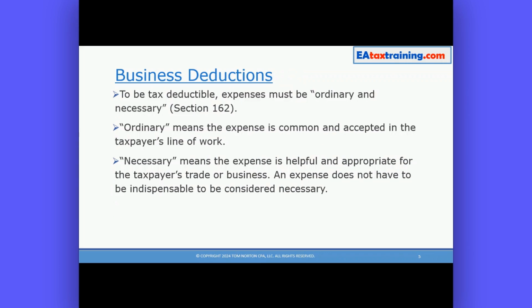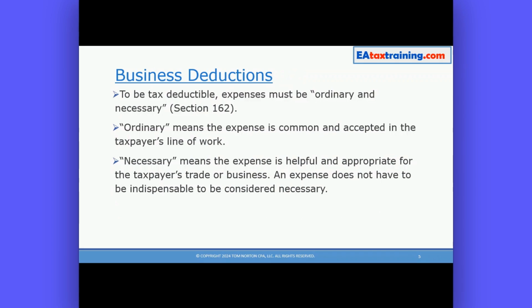Now, the words ordinary and necessary don't necessarily have the meaning that you would think they have in the regular use of those words in day-to-day language. So ordinary here means the expense is common and accepted in the taxpayer's line of work. Necessary means the expense is helpful and appropriate for the taxpayer's trade or business.